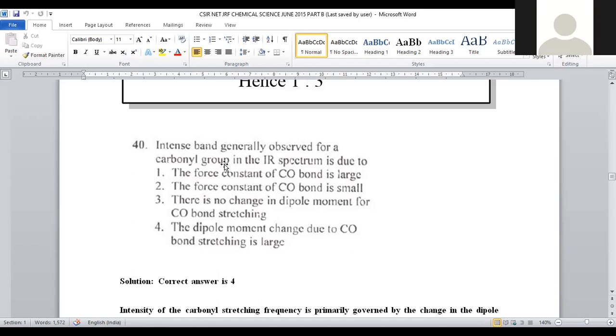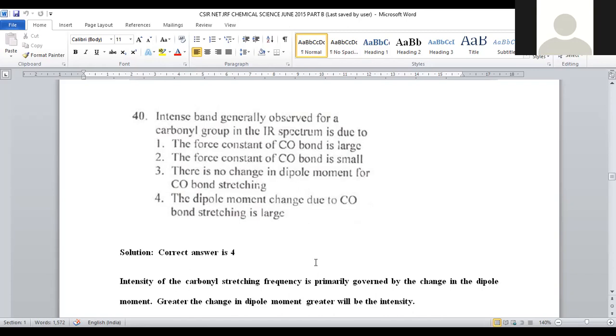When we observe the carbonyl stretching, that intense band is mainly due to the change in the dipole moment. Greater the extent of dipole moment change, greater will be the intensity of the band. Being a carbon double bond O, it will give a higher change in the dipole moment during stretching, so that the intensity will be extremely large, right?